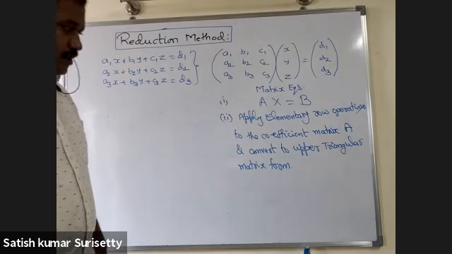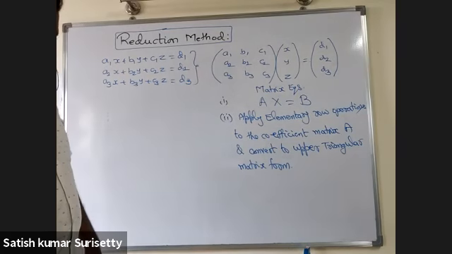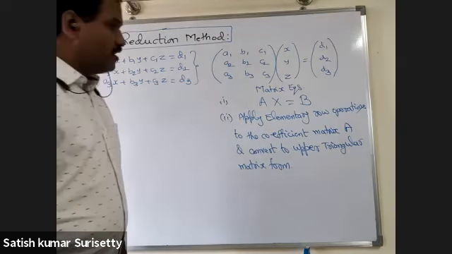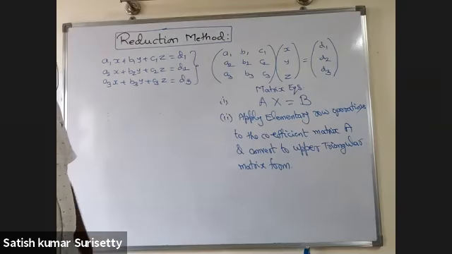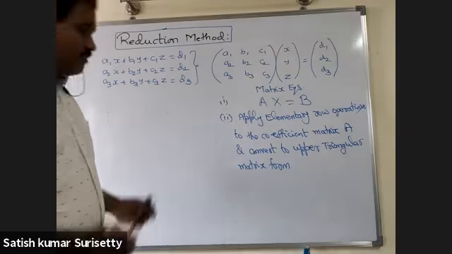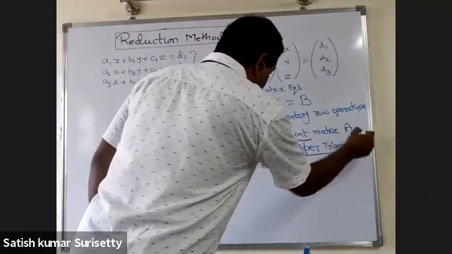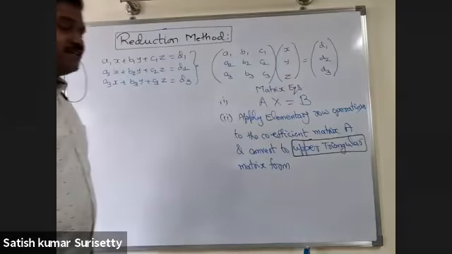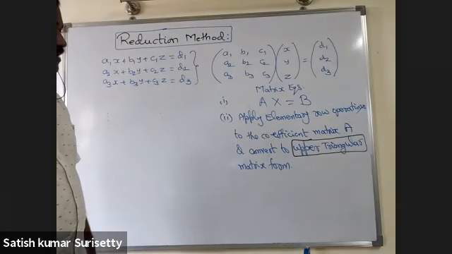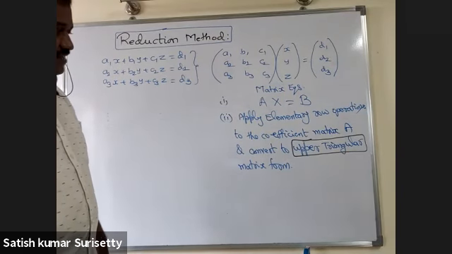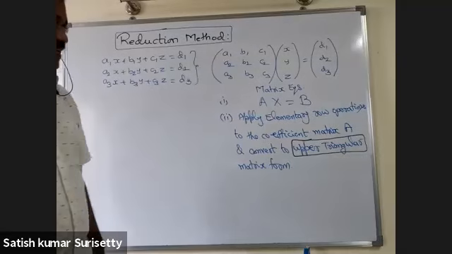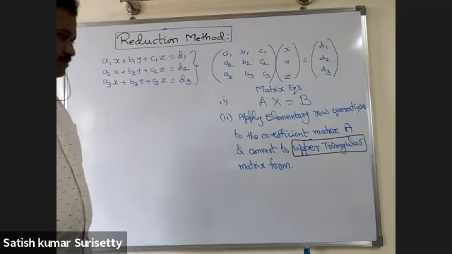Apply elementary row operations to the coefficient matrix A and convert to upper triangular matrix form. Now, what is the meaning of upper triangular matrix form? Below the principal diagonal elements must be 0. That means you apply the operations in such a way that below the principal diagonal elements will be 0.